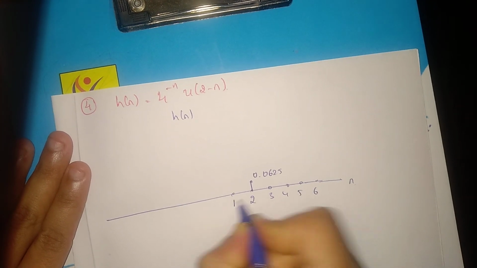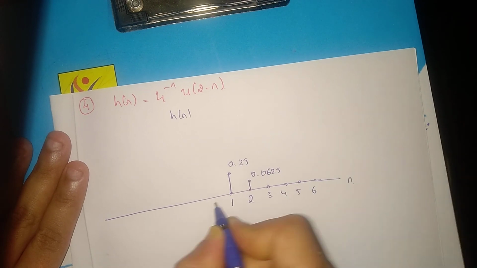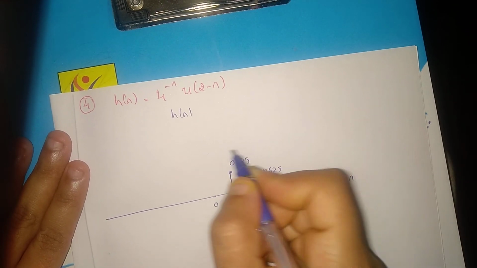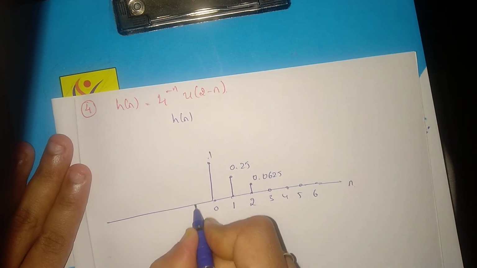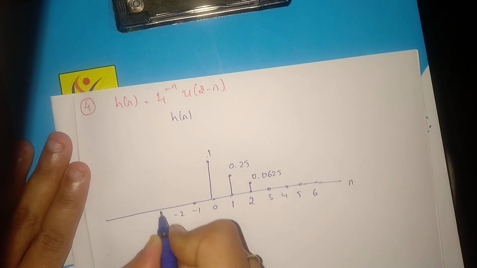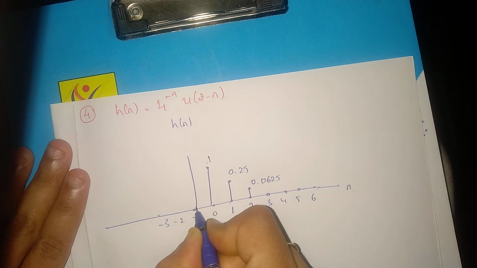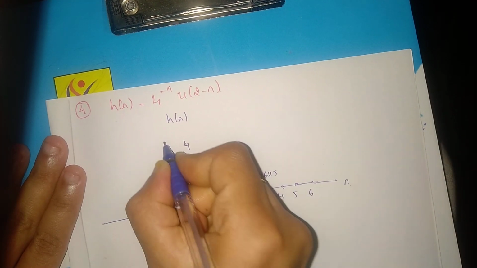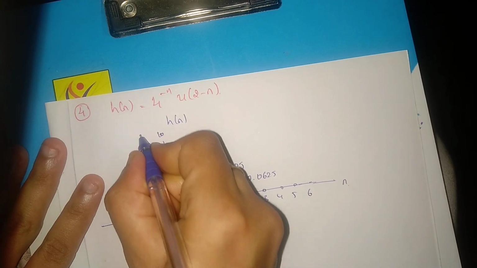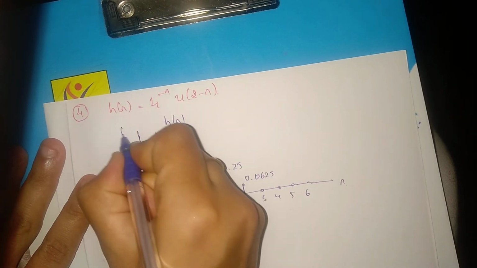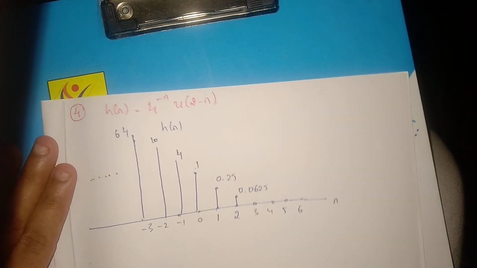For 1, we have an amplitude of 0.25. For 0, we have an amplitude of 1. Similarly, for minus 1, minus 2, minus 3, we have amplitudes of 4, 16, and 64. Similarly, it is going to minus infinity.